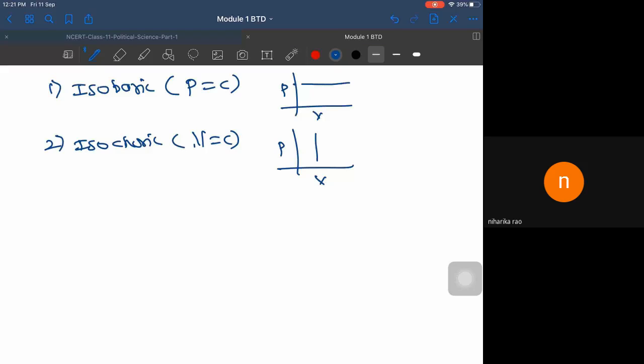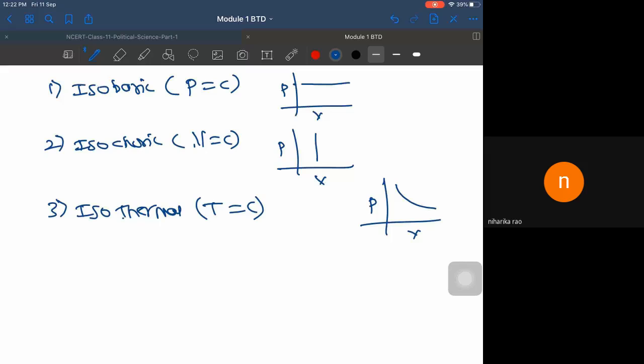Number 3 is the isothermal process, where your temperature remains constant. The PV diagram would look parabolic in nature, like this, where both pressure and volume change. We shall look into it in detail in the coming classes.